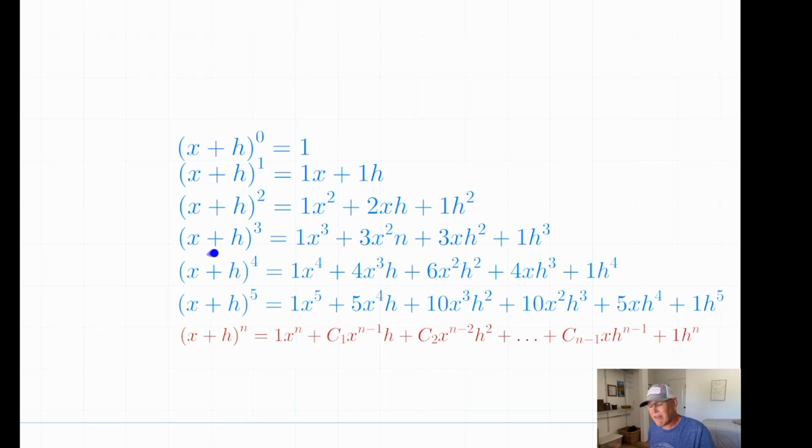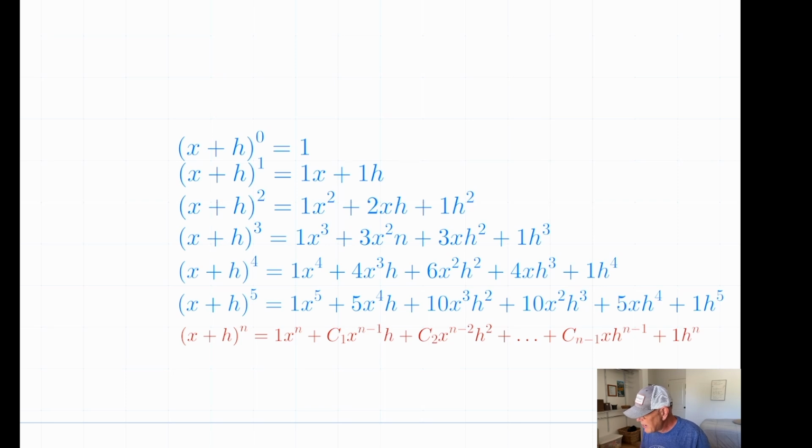All right, so we have x plus h to the third. You can check that on the side if you'd like, but this is what that is expanded, x plus h to the fourth, x plus h to the fifth. Okay, so then I took what I've learned here, and we're going to go ahead and try to expand x plus h to the nth.